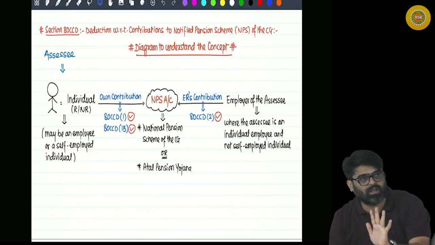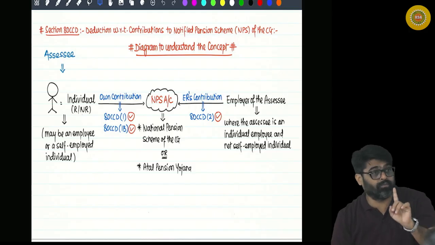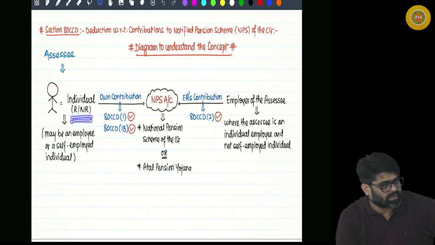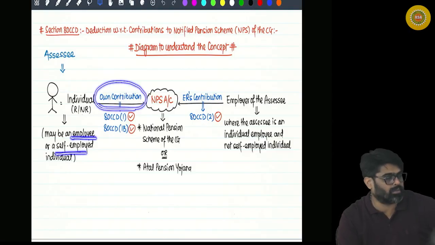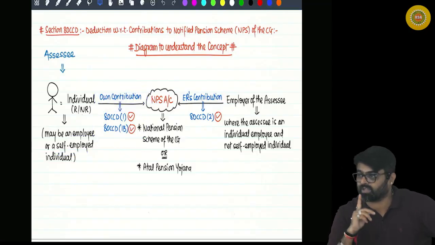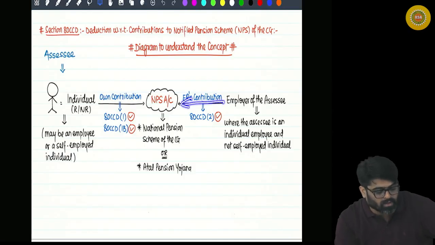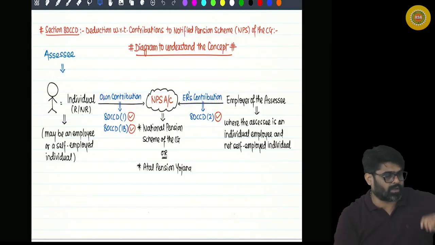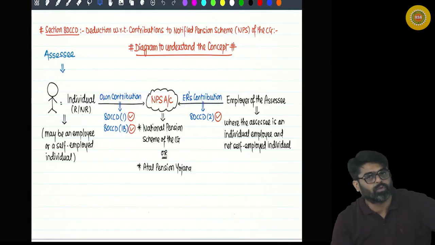Is it possible? So if you are an individual, whether resident or non-resident, contributing to your NPS account, even if you are an employee or self-employed, for your own contribution you are going to get the deduction under section 80CCD subsection 1 and subsection 1B. But if your employer contributes, meaning this individual is an employee and his employer contributes, then two effects will be given.